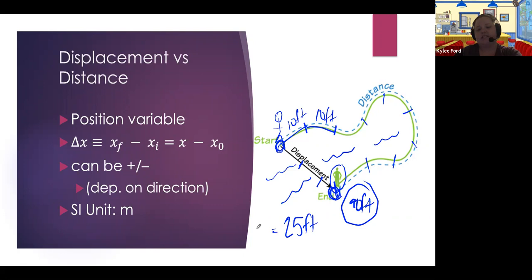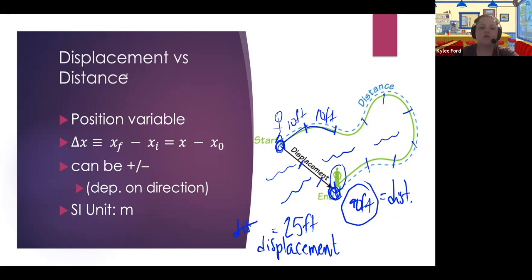Again, this is the displacement, and this is the distance. See, they are very different numbers, so watch out for that when you're trying to understand this better.